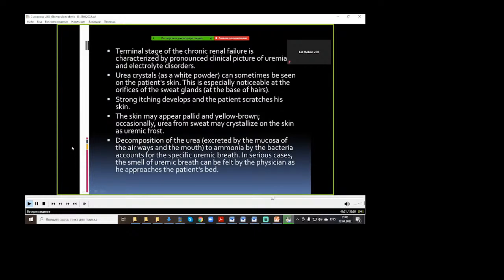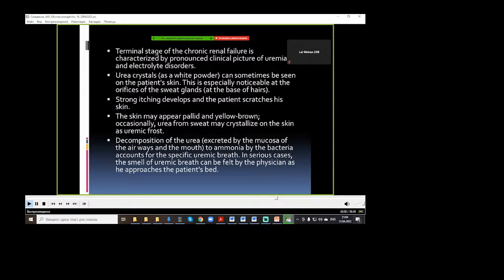And the last, terminal stage of chronic renal failure is characterized by a pronounced clinical picture of uremia and electrolyte disorders. Urea crystals as a white powder can sometimes be seen on the patient's skin. This is especially noticeable at the orifices of the sweat glands, at the base of the hairs. Strong itching develops and the patient scratches his skin. The skin may appear pallid and yellow-brown.